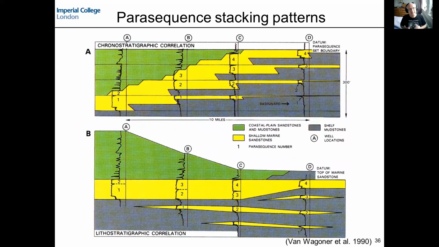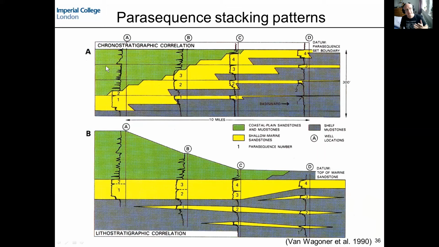Okay, and why is this important? This top diagram is showing a progradational series of parasequences stepping upwards and also stepping out towards the basin center, towards the right. Maybe we need some biostratigraphic data to help support this interpretation, but in this case, this is showing four different parasequences, each stepping into the basin with some coastal plain deposits building out behind them.